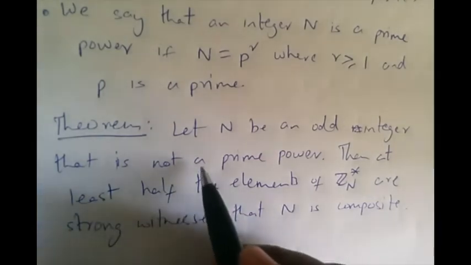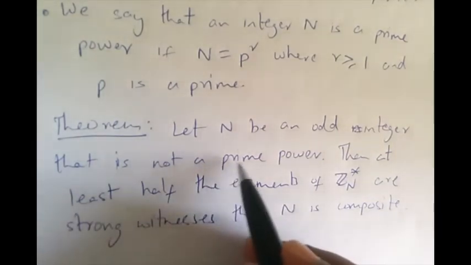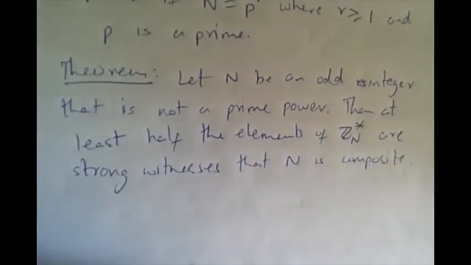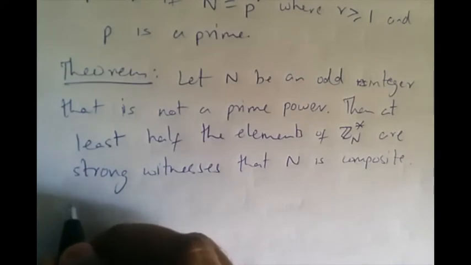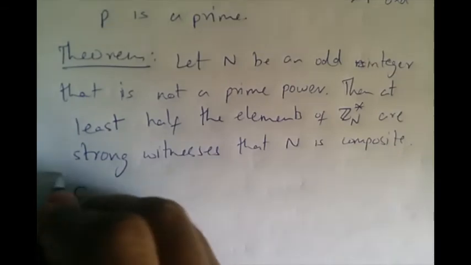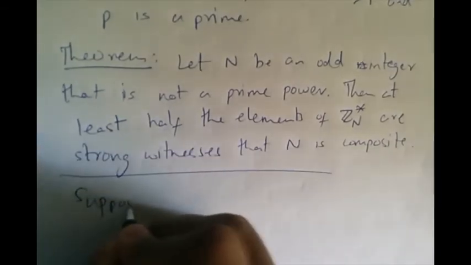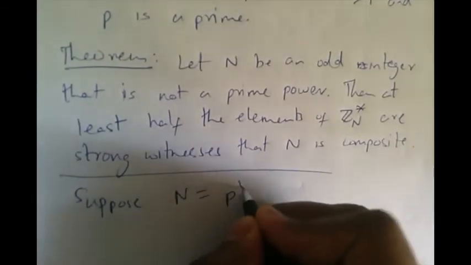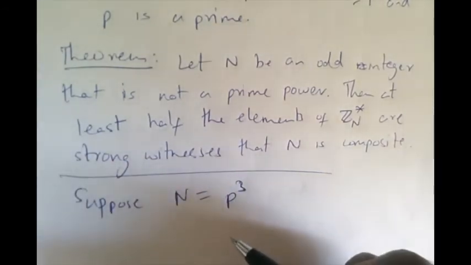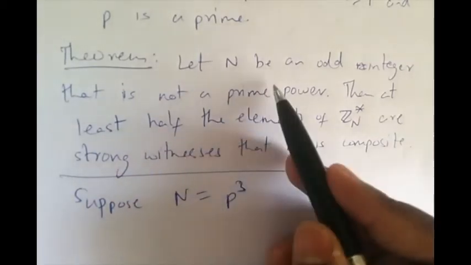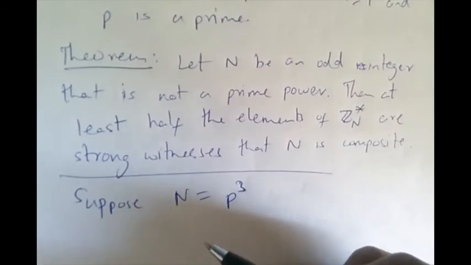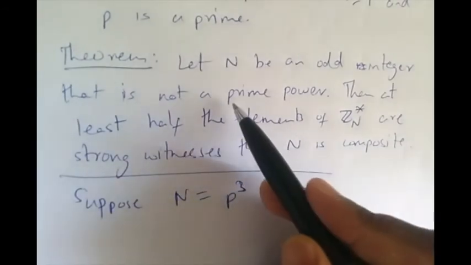But then you might ask, what if the hypothesis of this theorem is not satisfied? How can it not be satisfied? Before we do the proof, suppose n is of the form p cube. Then n is a prime power, so the hypothesis of this theorem is not satisfied, because this theorem holds only when n is not a prime power.